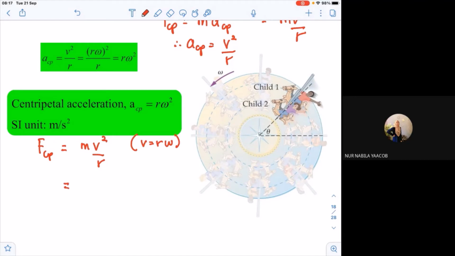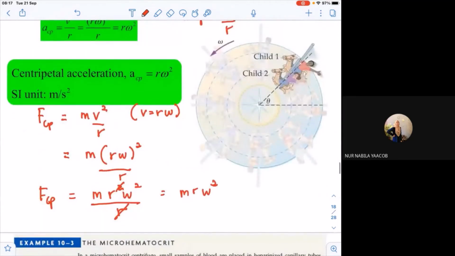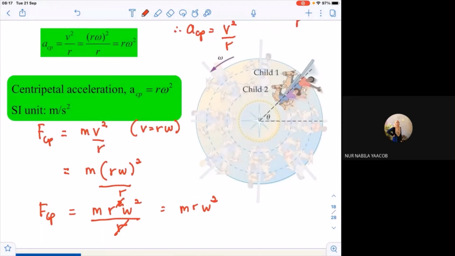Right now we have m r omega squared over r, which is m r squared omega squared over r. So you can cancel out one r. It becomes FCP equals m r omega squared. That is for the centripetal force, so centripetal acceleration can be noted as r omega squared.